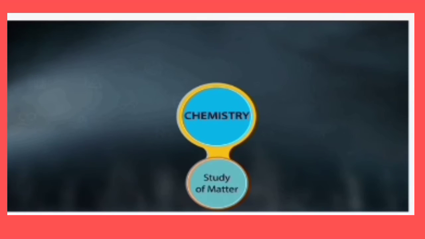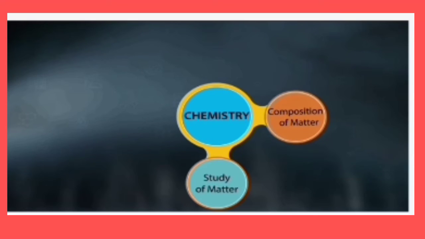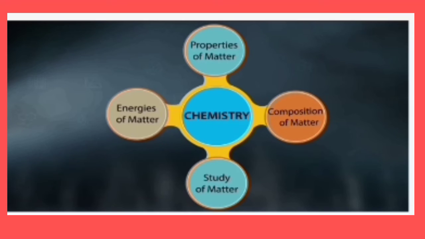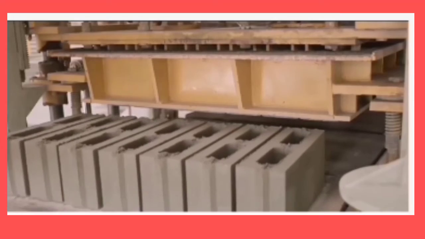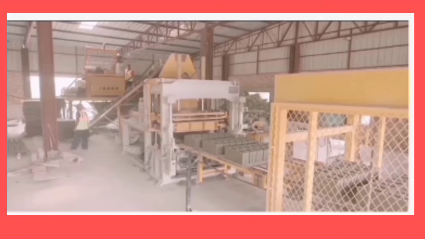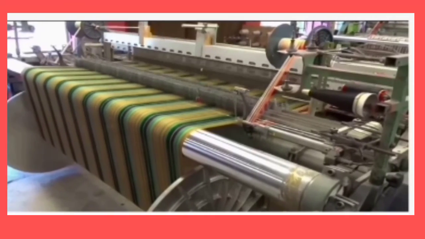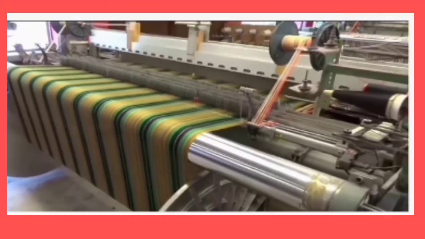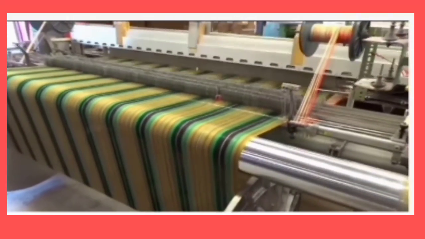Chemistry helps us to understand the matter in a systematic manner. It also deals with the composition of matter and their properties along with the changes in the energies of matter. In fact, the knowledge of chemistry also helps us to identify matter that can be made into different things for our use.